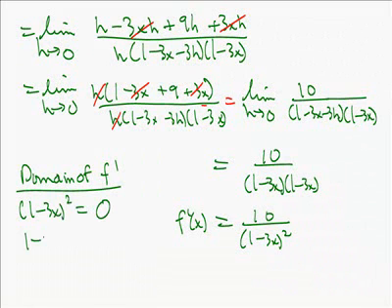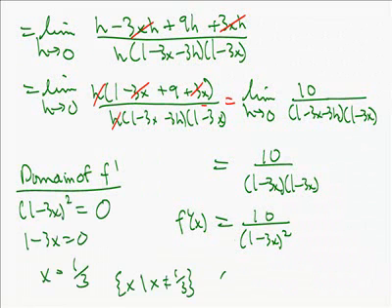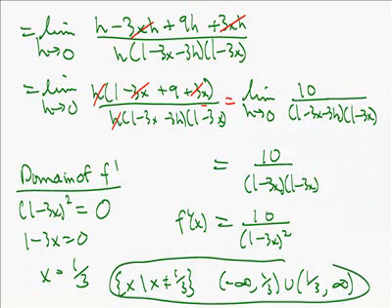Well, that's only when 1 minus 3x equals 0, which of course, as we said earlier, is when x is equal to 1/3. So the domain is all x such that x is not 1/3, or in interval notation, negative infinity up to 1/3 union 1/3 on out to infinity. So again, the domain of f prime is the same as the domain of f.